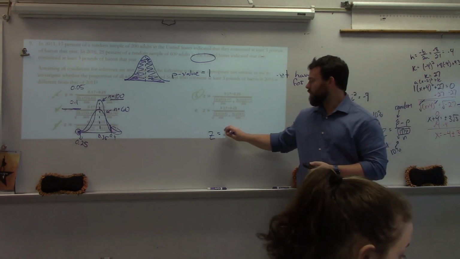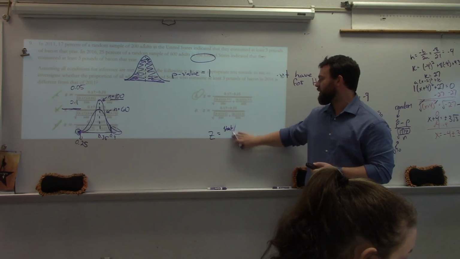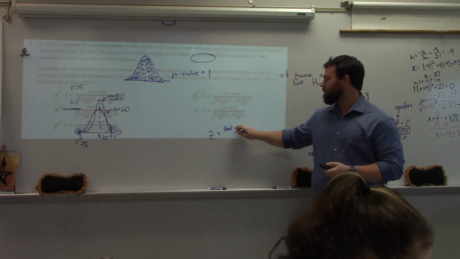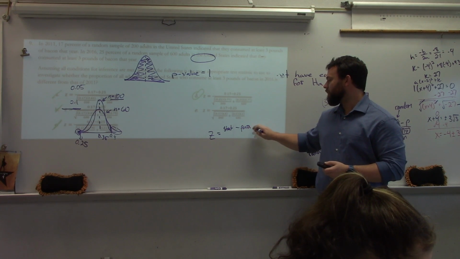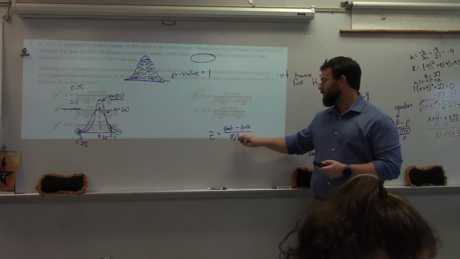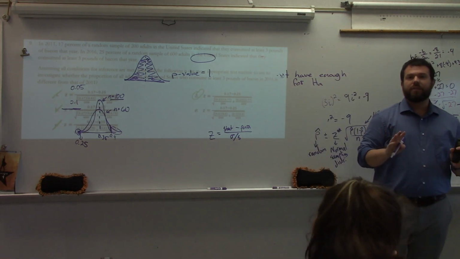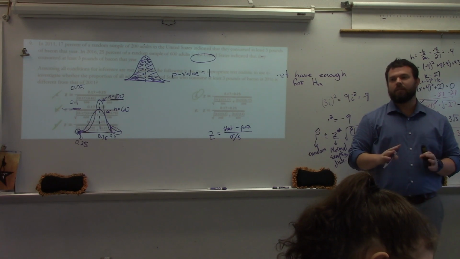So it's a statistic, or my point estimate, we'll just call it stat for now. So stat minus the parameter, divided by standard deviation or standard error. Build all of this based on your hypothesis.